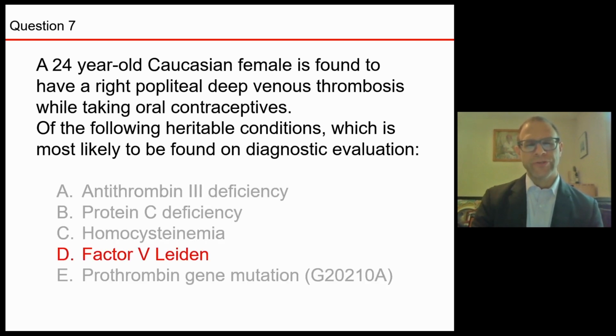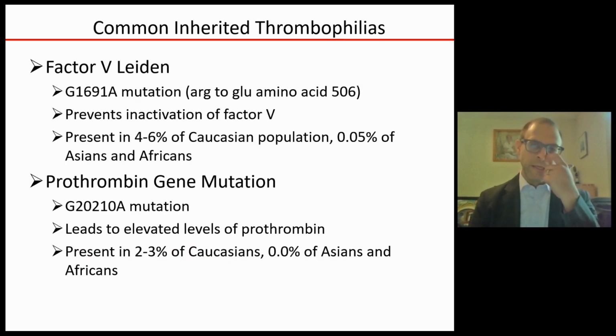And the answer is factor V Leiden, simply recognizing which of these is the most common inherited thrombophilia. Factor V Leiden is seen in 4 to 6% of the Caucasian population, particularly from Northern Europe, but it can be seen in people of all diverse ancestries.